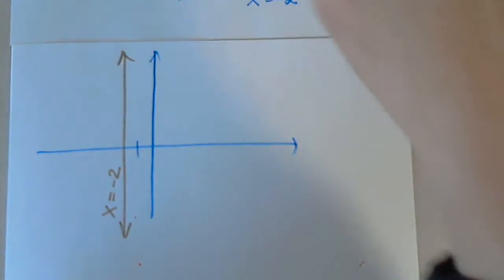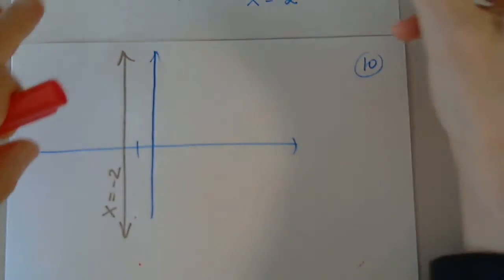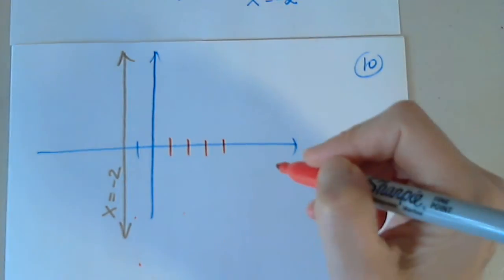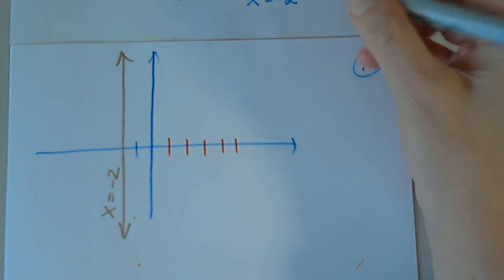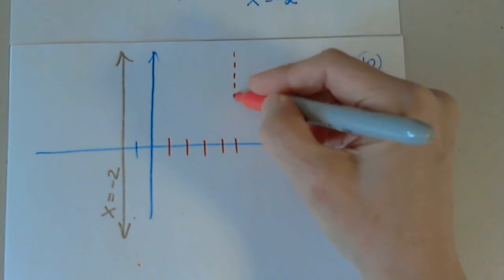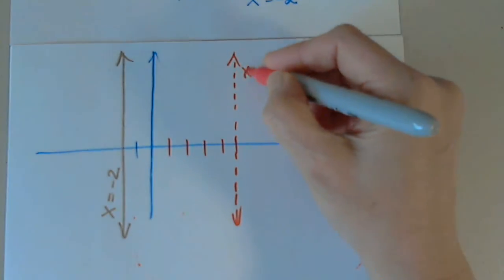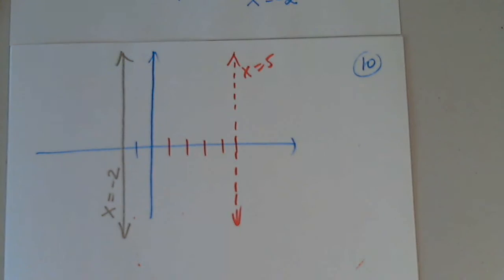Okay, now I have the other one, which means x equals 5, is this line, but there's no equal symbol. So this is x equals 5. And now I am told to shade in the region for any y.